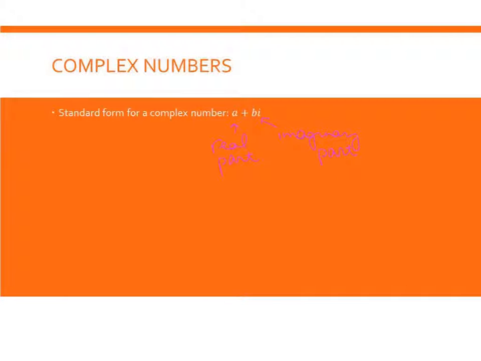And the thing you need to realize is a real number. This whole time we've been talking about real numbers, like 5, that is a complex number. It's a complex number that has 0 for b. So every number you've ever written is also a complex number.